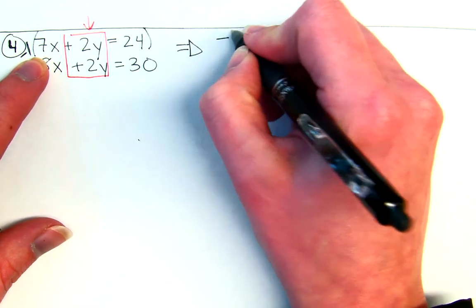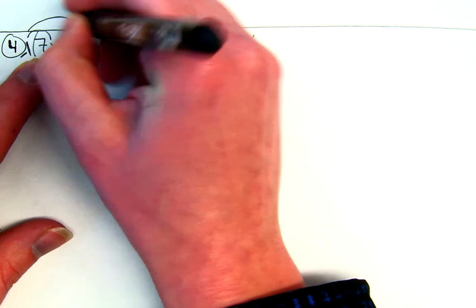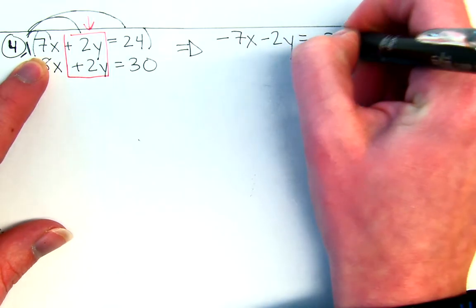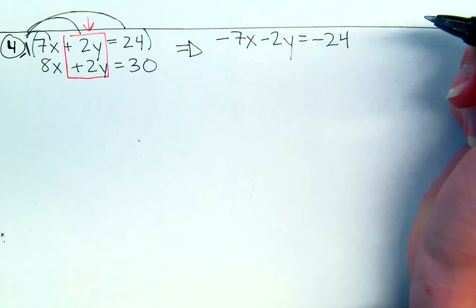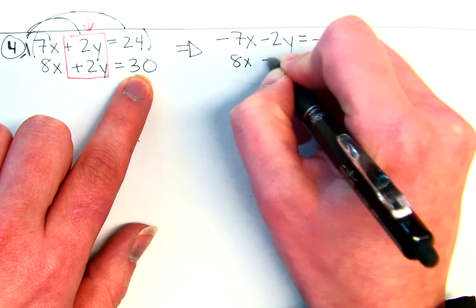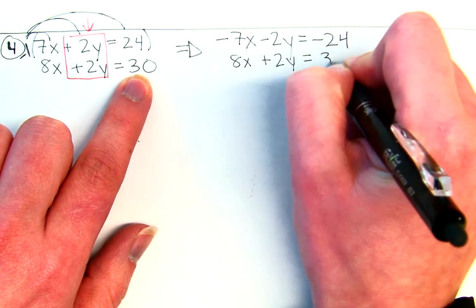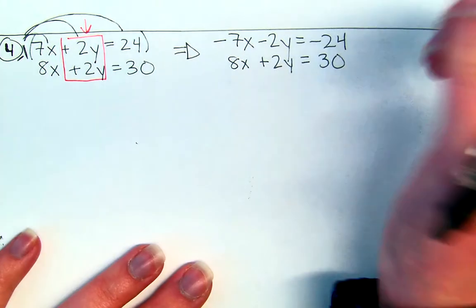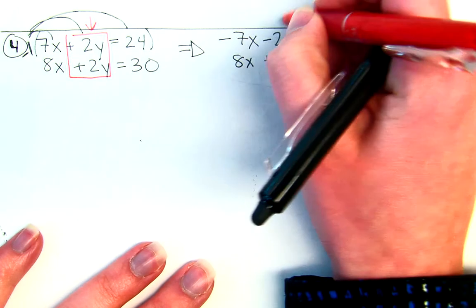So the top winds up being -7x minus 2y equals -24. Now, it would not matter if you multiplied the bottom equation by -1. You would literally come to the same answer, okay? It's just a preference as to which one you want to multiply in this example.